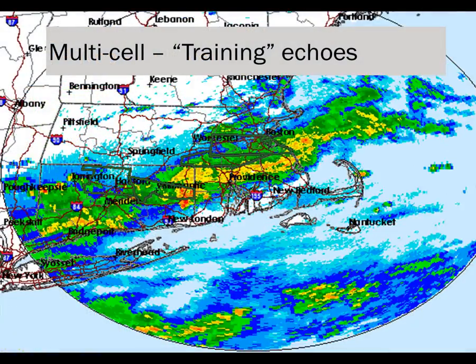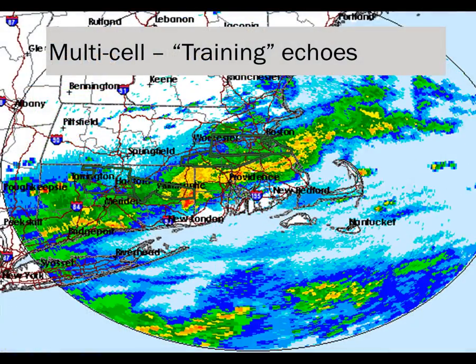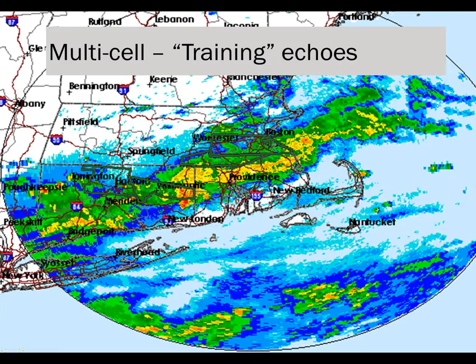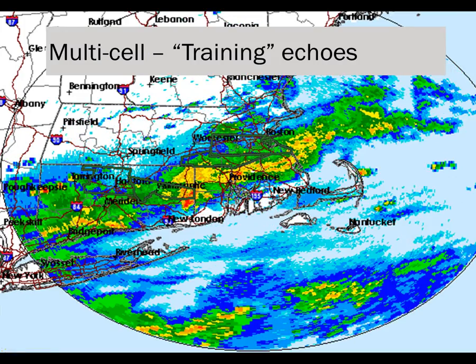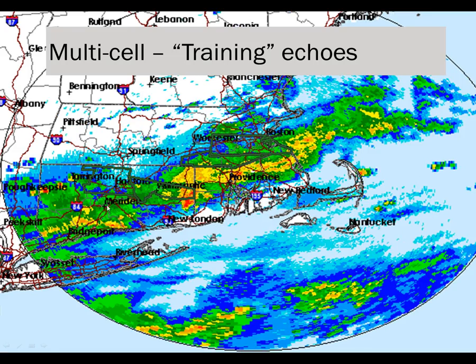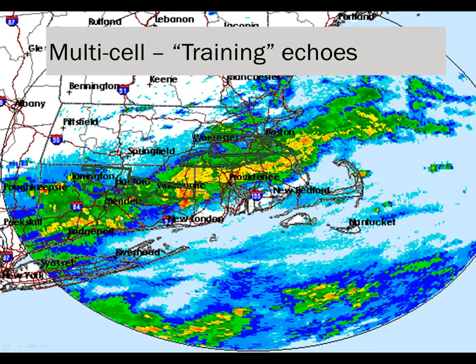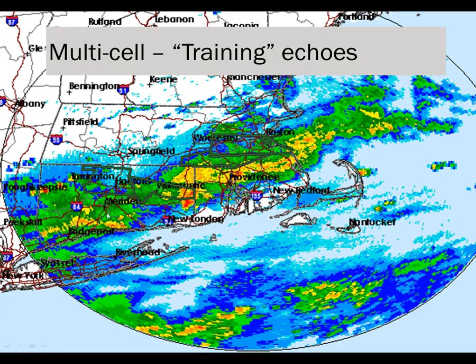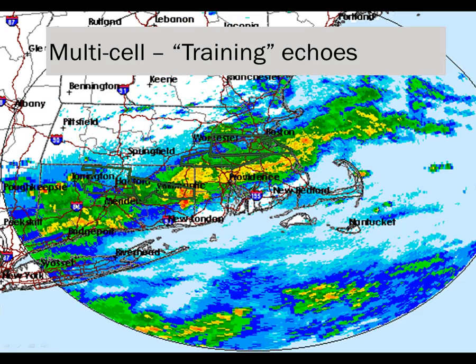Kind of an extreme example of this is where you have a training echo situation. The area of lift is not moving or is very, very slowly moving, but the cells within the area are moving along the line or along the area, as they are in this case.